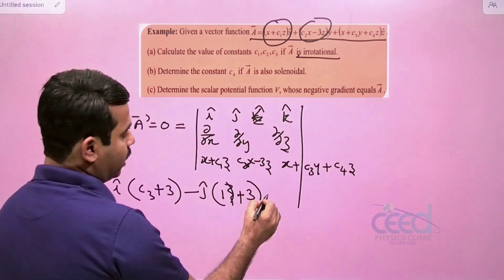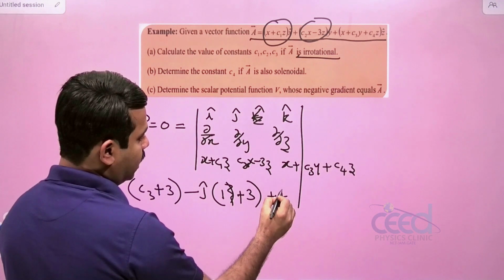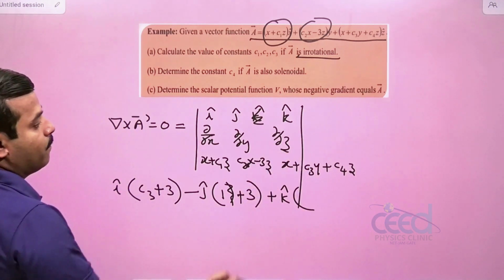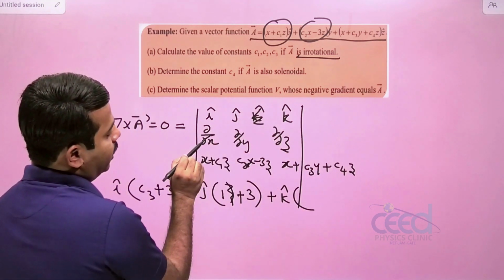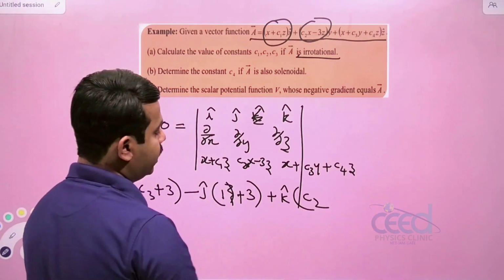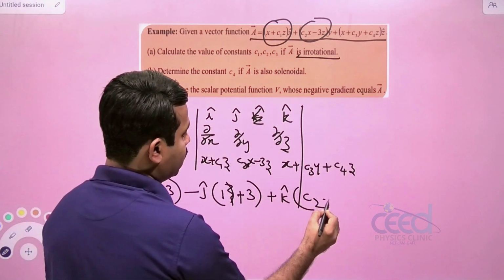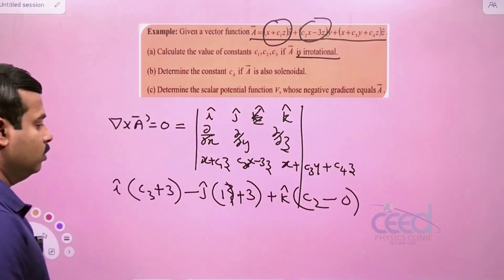Plus k cap into, here C2, and here minus with respect to y 0.